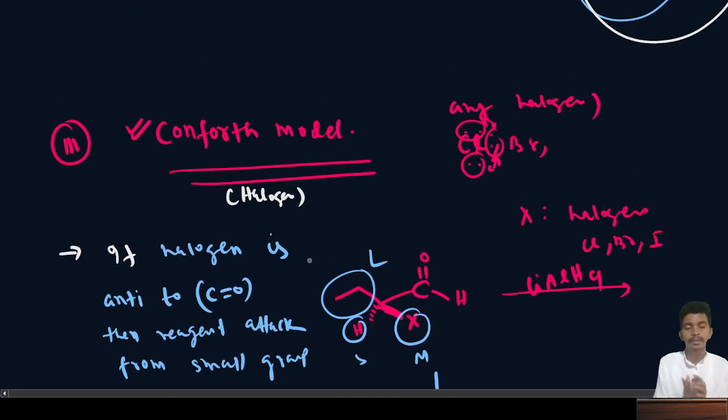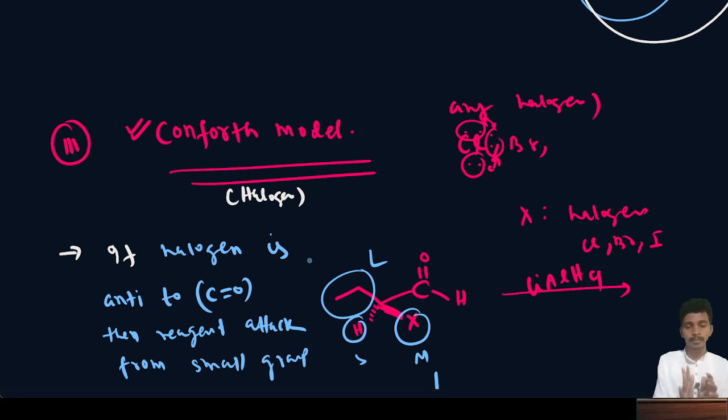Okay, so in this way we will tackle the problems if stereochemistry is mentioned in acyclic molecules. At that time I will use these three models: Cram's model, anti-Cram's or Felkin models, Cram-chelate model, and then the Cornforth model. This Cornforth model is specifically for the halogen case.